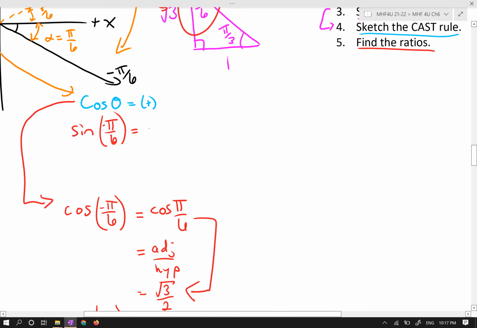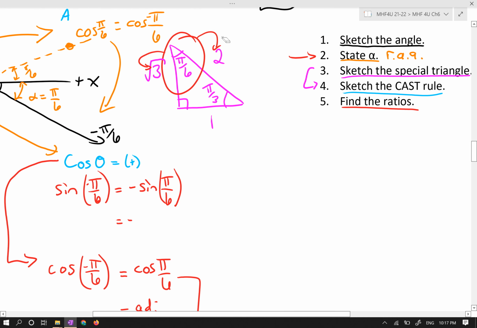So my sine ratio is going to be negative. So I'm working with negative the sine of my related acute angle, that is pi over 6. Then I can find the sine ratio of pi over 6 using my special triangle. Sine is opposite over hypotenuse, so that's 1 over 2. That's negative 1 over 2. That's what I'm working with right here.